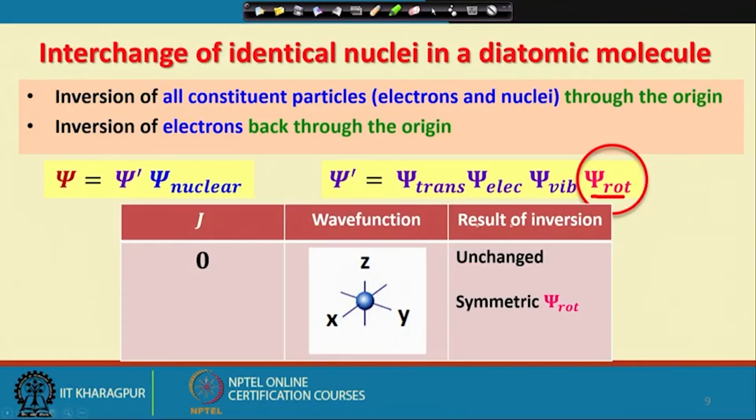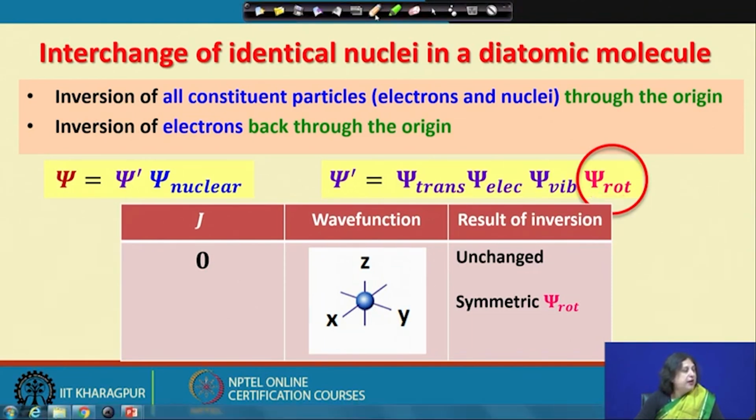So, what happens, psi rot, different rotational wave functions are associated with different rotational quantum numbers j. We have seen that these values of j can vary from 0, then take up values like 1, 2, 3 up to infinity. Now, let me take this first case where j is equal to 0.